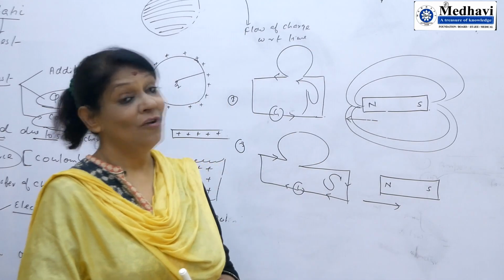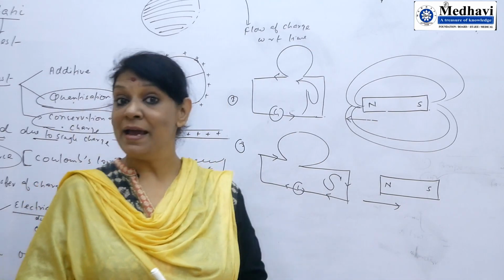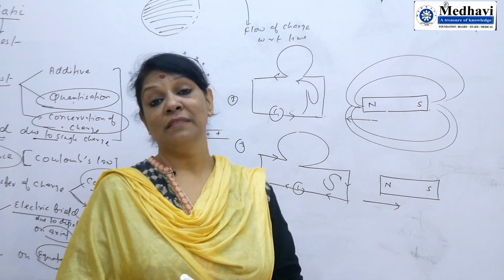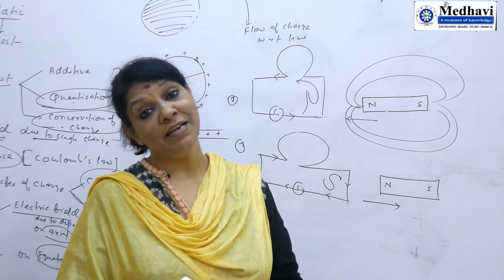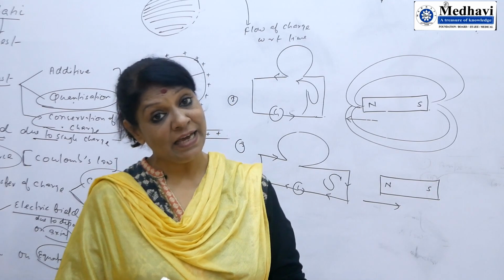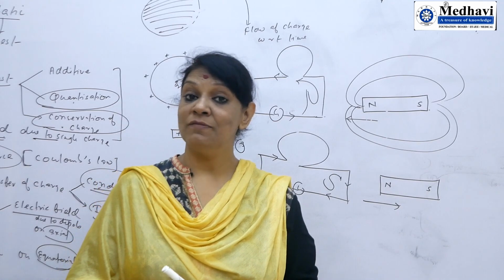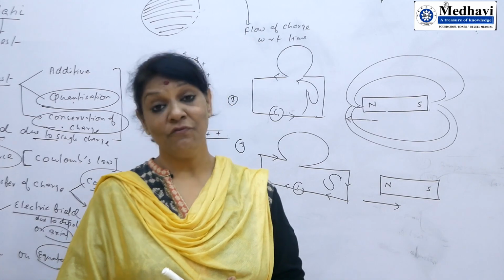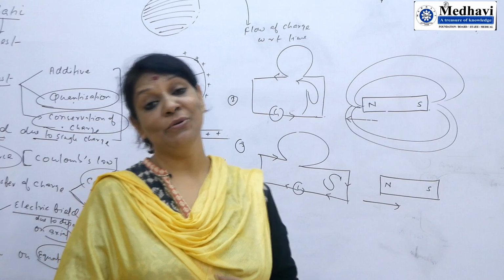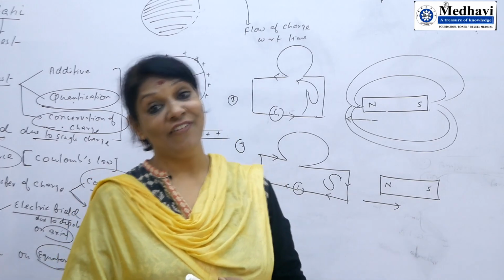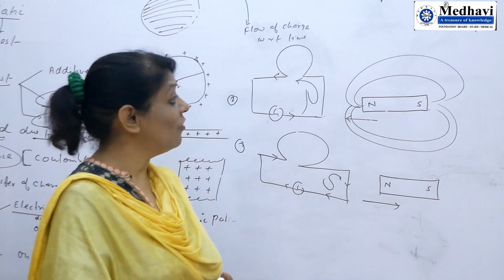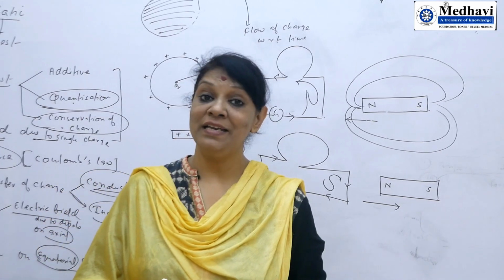And when a varying magnetic field is taken near another coil or in the same coil, another property will develop, that is, electricity will be produced. So a single charge at rest will produce an electric field, flow of charge will produce electricity, a varying electric field will produce a magnetic field, and a varying magnetic field will produce electricity. So these four branches are very important.